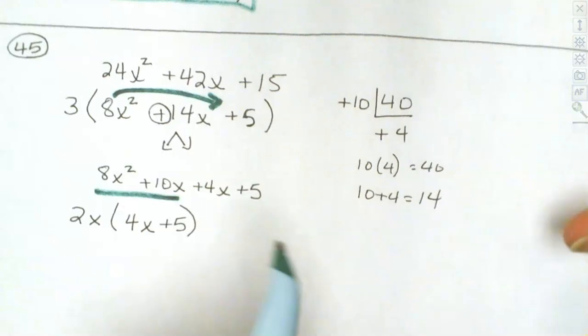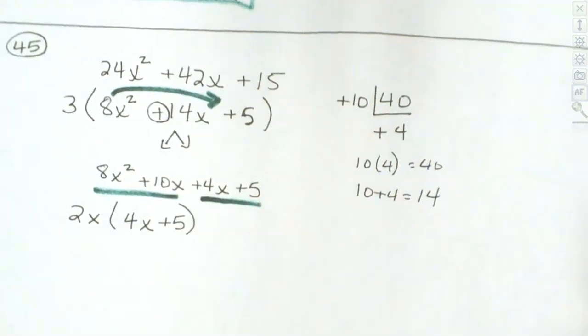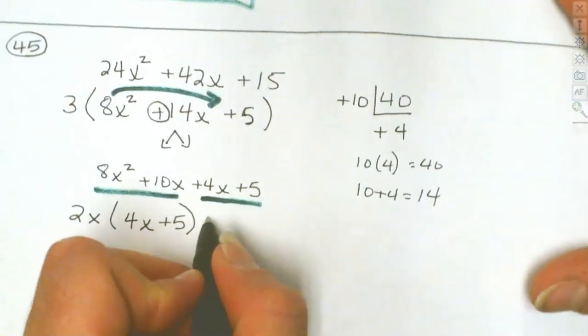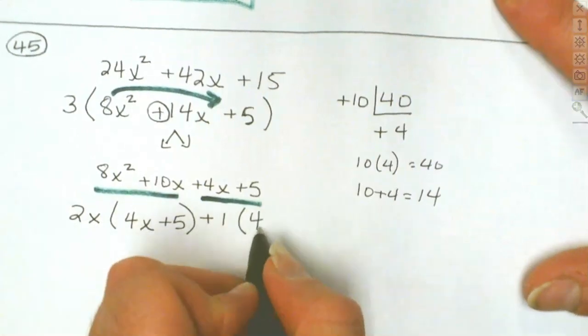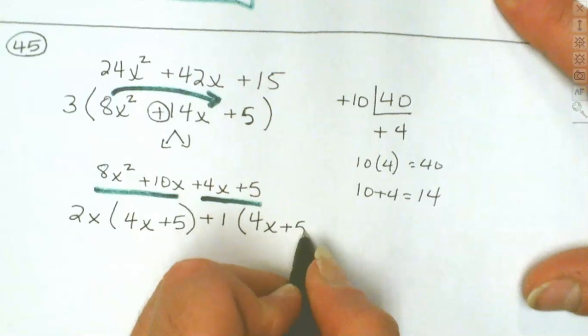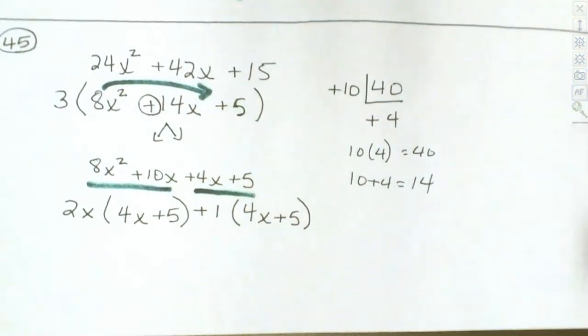Now look at the second piece. This one's a little bit different as well. With the second piece, 4 and a 5, they have nothing in common, right? So 4 and 5 have nothing in common. If nothing's in common, you can always factor out a 1. Now we can finish it, because these are the same.